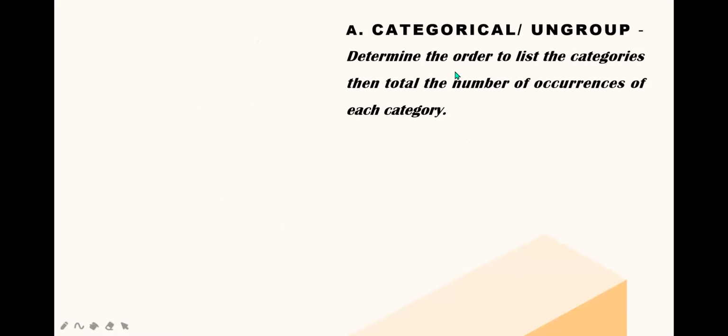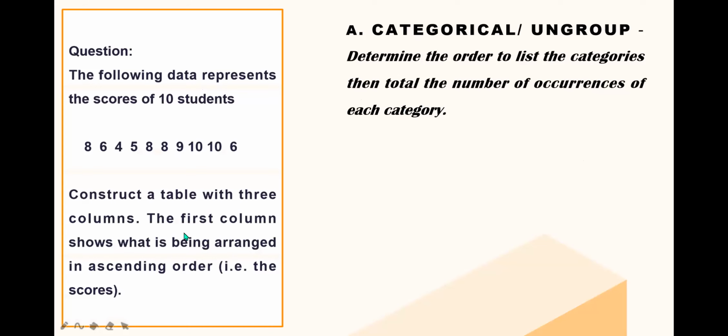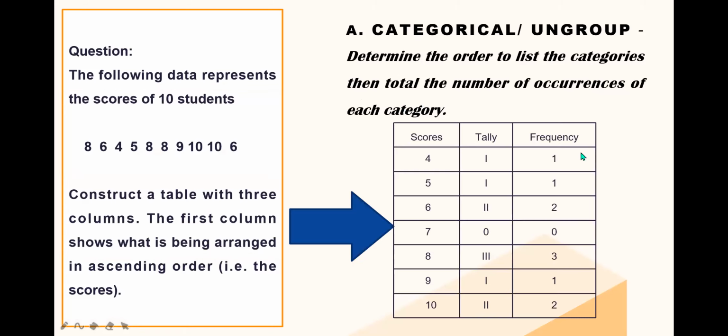So for categorical or ungrouped data, determine the order of the list of categories, then total the number of occurrences of each category. This example is what I call categorical or ungrouped data.